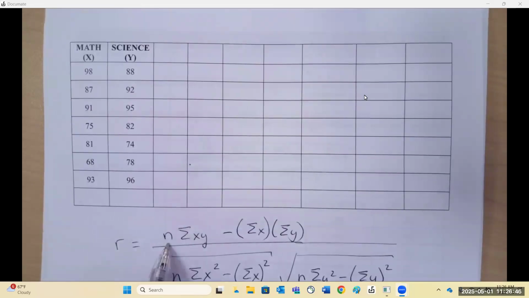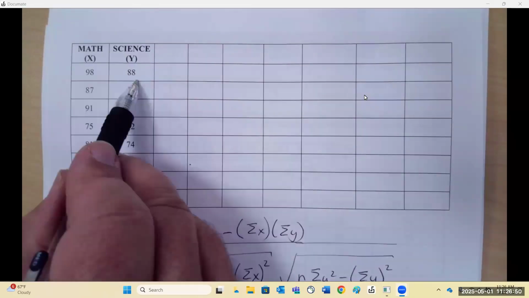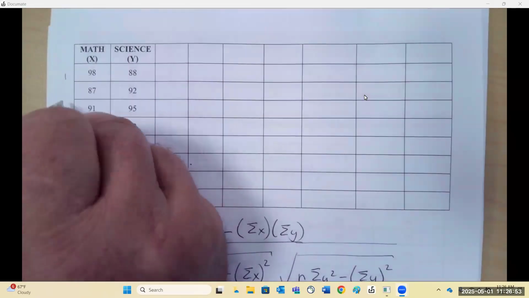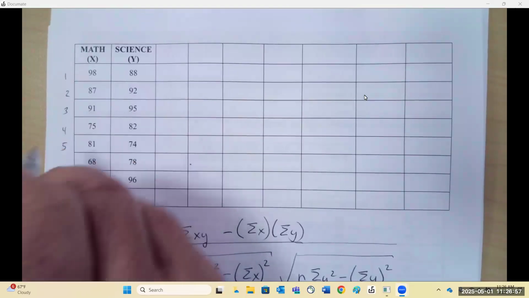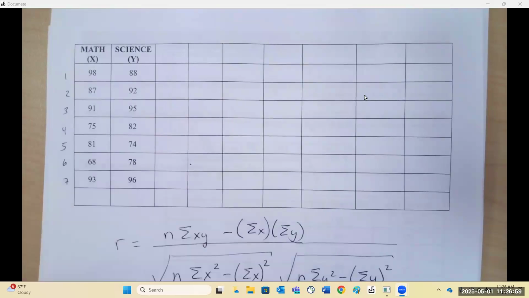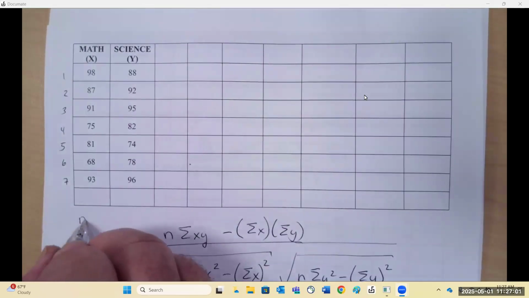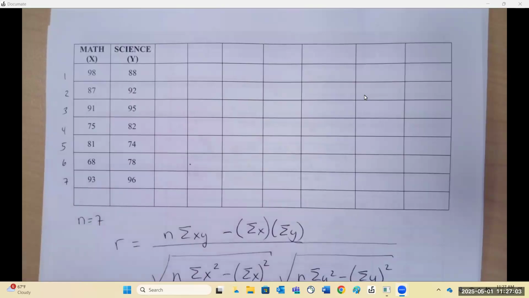What does n represent? The number of pairs that we have. 1, 2, 3, 4, 5, 6, 7. So n is 7. So anywhere we see an n, we put a 7.